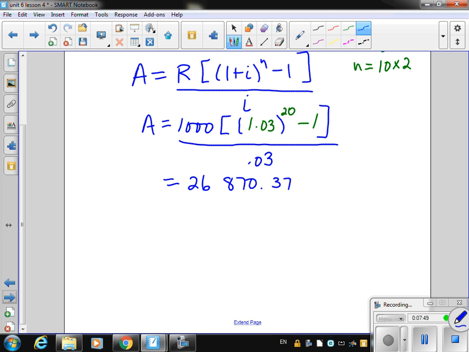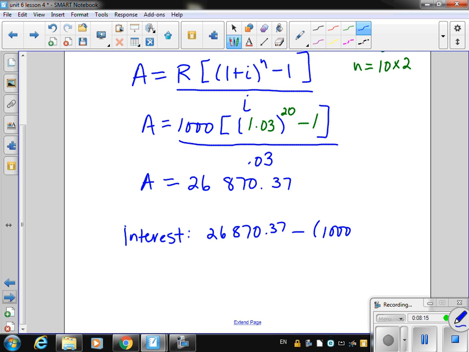The amount finally is $26,870.37. How much of that is interest? Well, the amount that you ended up with was $26,870.37, but how much of that money was yours?